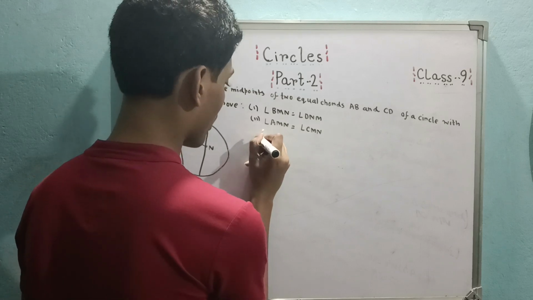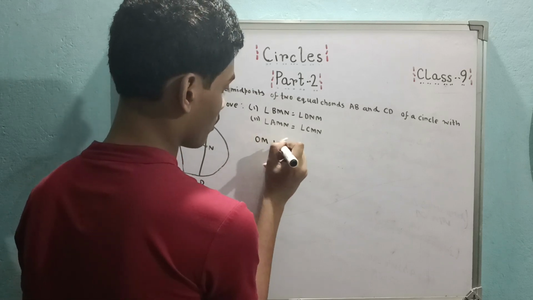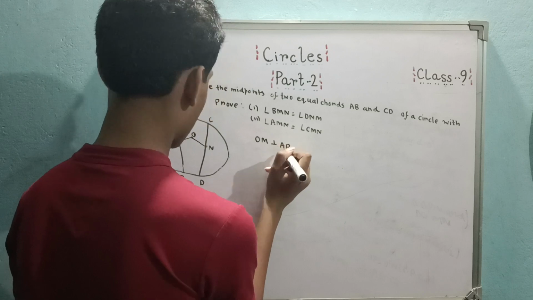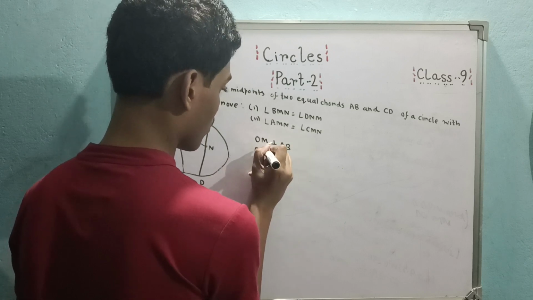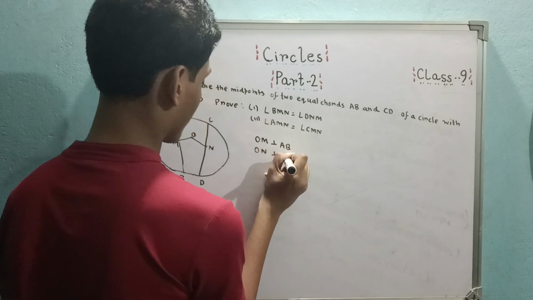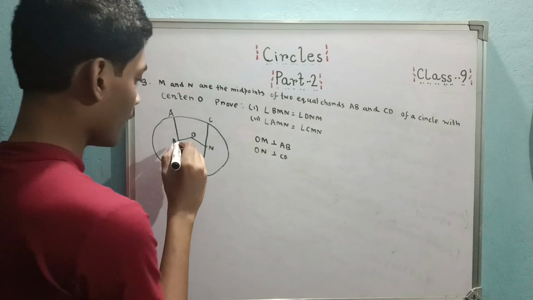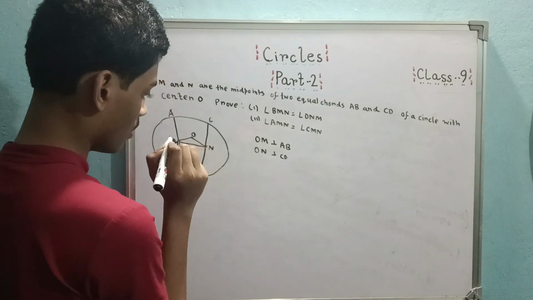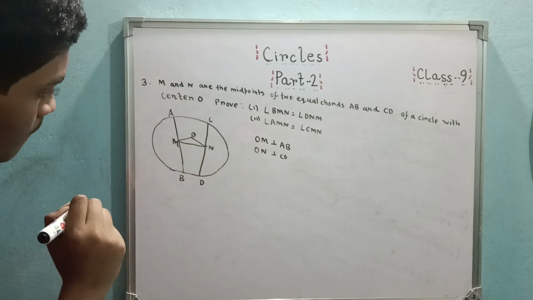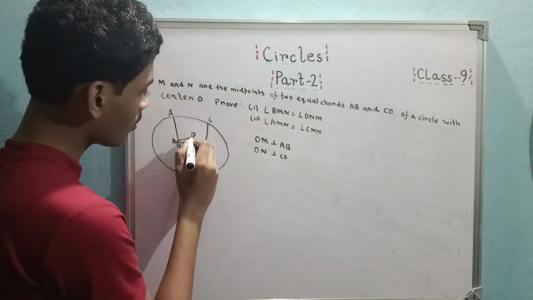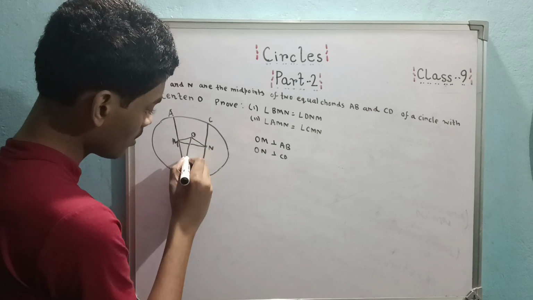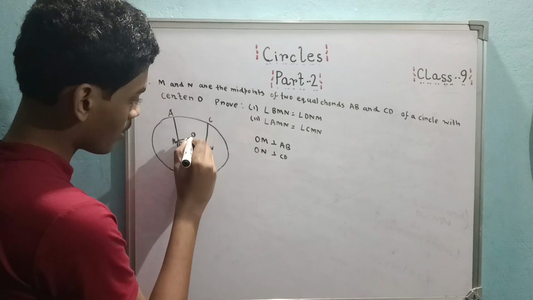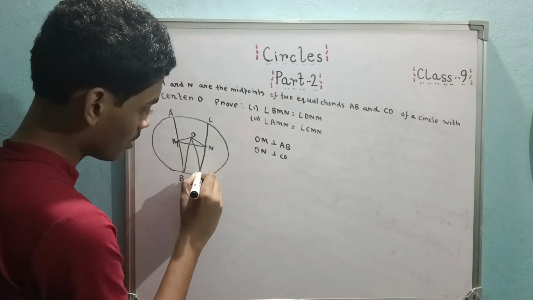So OM perpendicular to AB, ON perpendicular to CD. And then you know what? Join M and N. I'm now going to show you how to do this question. You join M and N, okay? Then you join OB and OD.